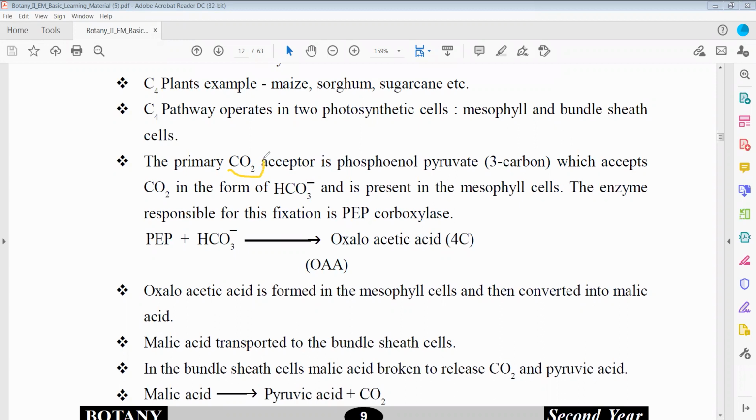carbon dioxide acceptor is PEP, phosphoenol pyruvate, which is a 3-carbon compound. So CO2 in C4 plants is taken up by PEP, phosphoenol pyruvate, which is a 3-carbon compound.